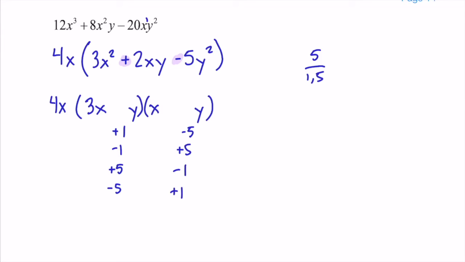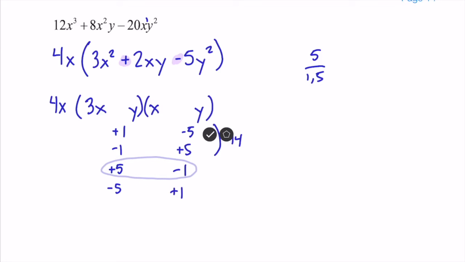So when I do 3 times 5 and 1 times 1, I get a difference of 15 and 1, a difference of 14. Because these two have a difference of 14, those are not my winners. So I know it's going to be one of my last ones. And since I want to add to make a positive, I know this 5 is going to have to be positive.